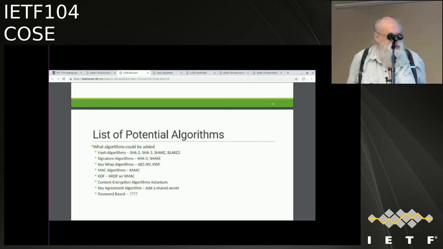So basically at this point, if you have any particular things that you want to have added in this new draft, speak up on the list. Be prepared to give a case as to why you think it should be added, because I will tend to push back on everything, even the ones I want to add.